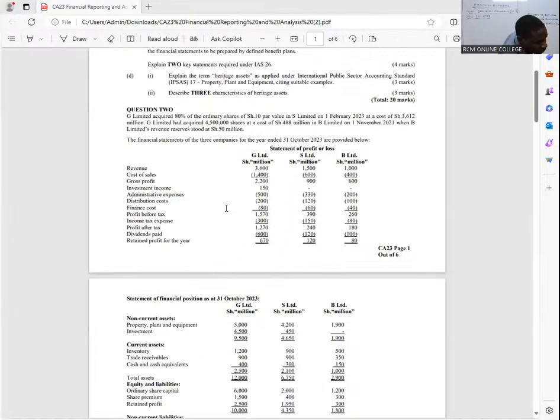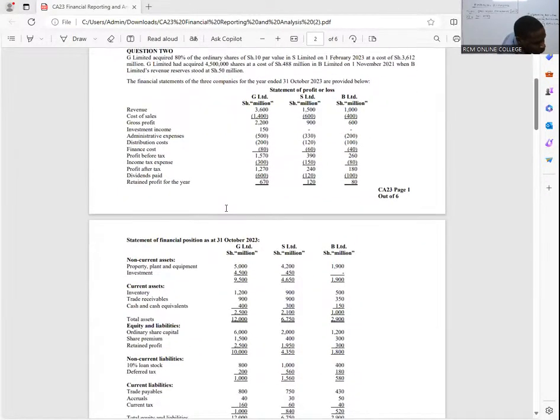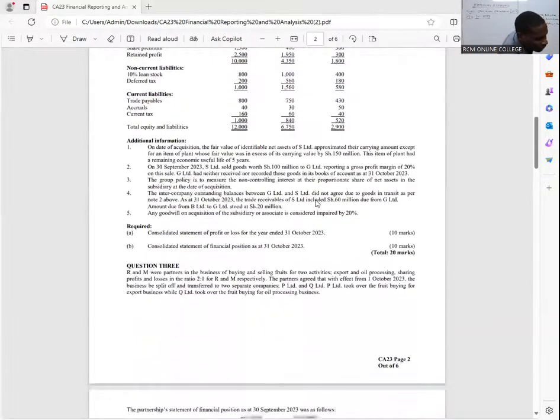Look at what they were given as question number 2. Even without reading, you can tell what it entails. It is automatically a group consolidation question, where we have 3 companies.